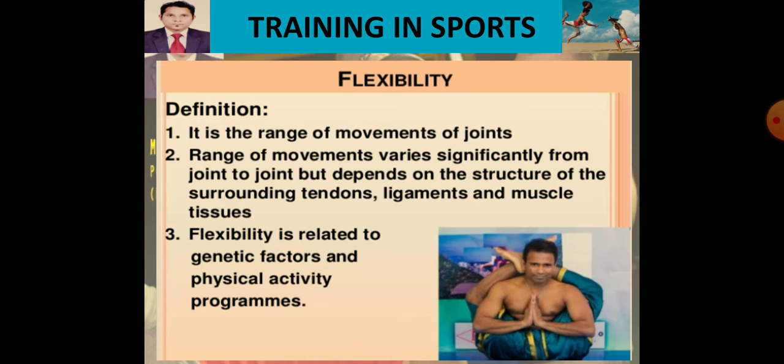We also bend backward and we are able to bend maximum. Sideward bending, we are able to touch our toes or heels even. So that is the range of movement of the joint. Even flexibility is defined as the range of movement.